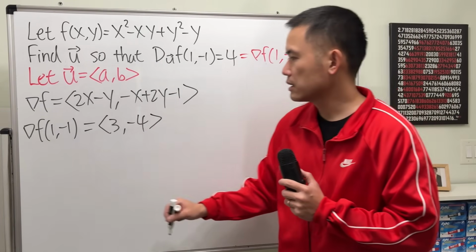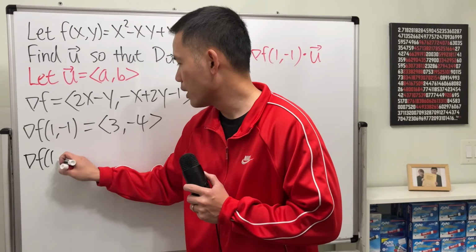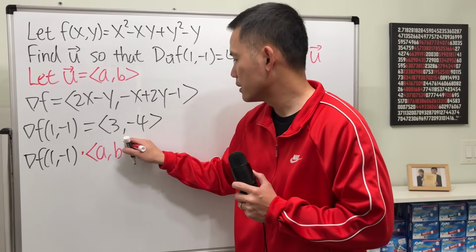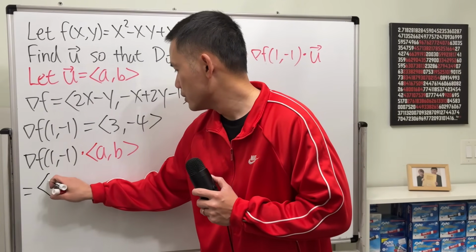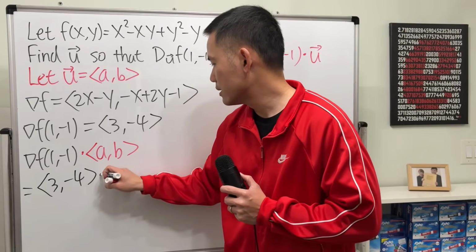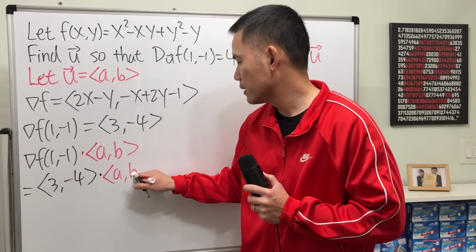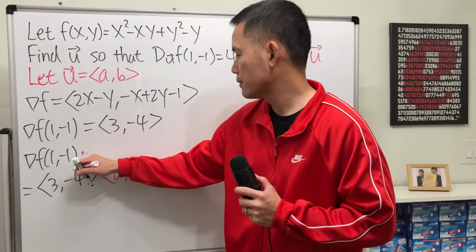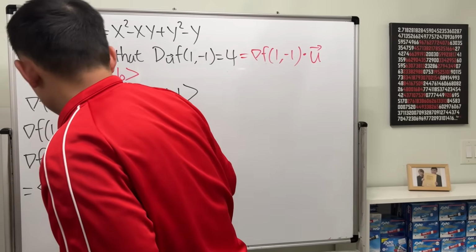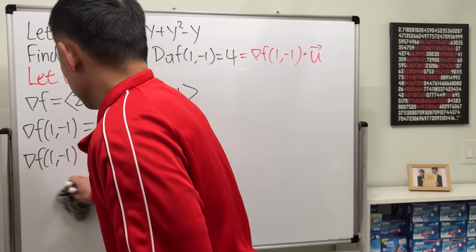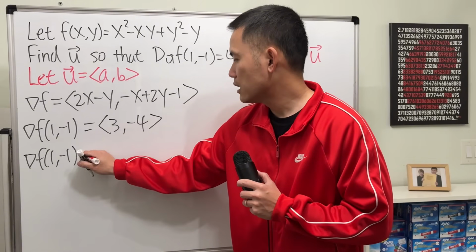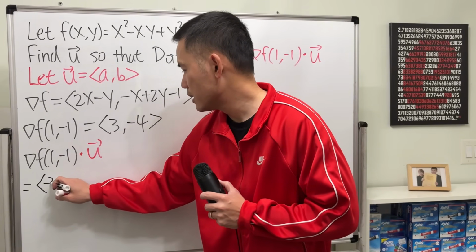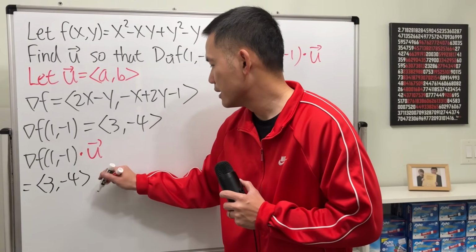Now let's do the dot product. So del of f at (1, -1), dotted with (a, b), which is the u vector. This right here gives us (3, -4), dotted with (a, b).